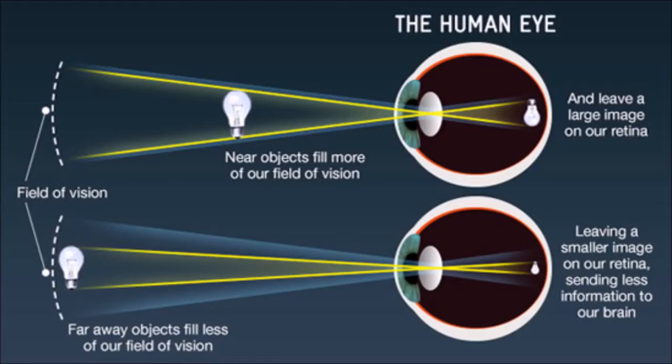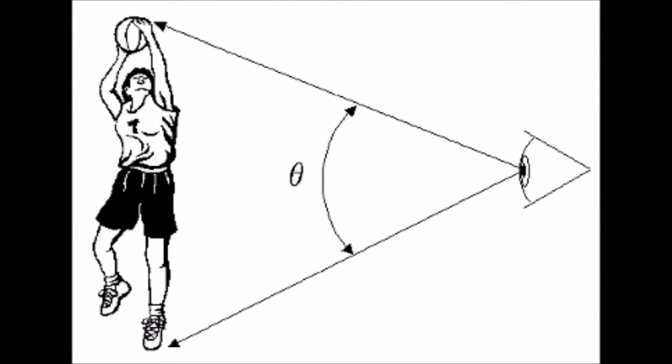A shorter distance and larger diameter of an object equal a larger angle at your eye, thus easy to resolve. A longer distance and smaller diameter of an object equal a smaller angle, thus difficult for your eye to resolve. The size of the angle is also what gives us perspective.